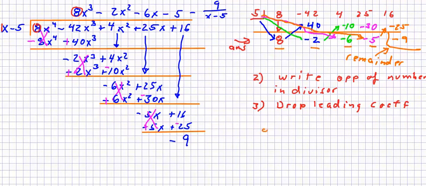So my answer is 8x cubed minus 2x squared minus 6x minus 5 minus 9 over x minus 5. These are the coefficients of my answer, and this is the remainder.